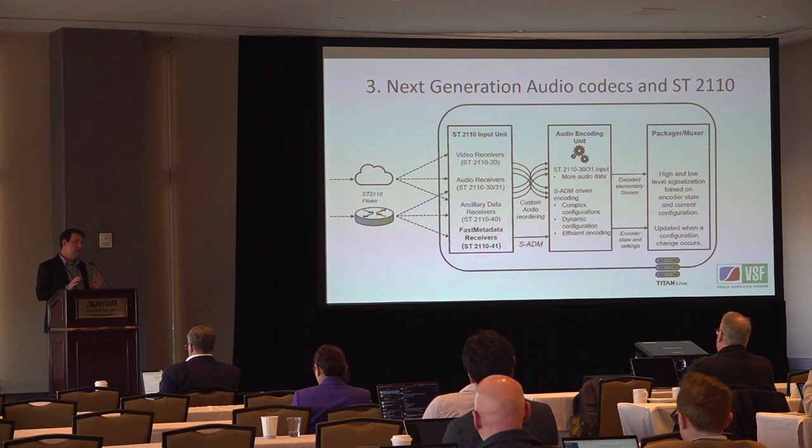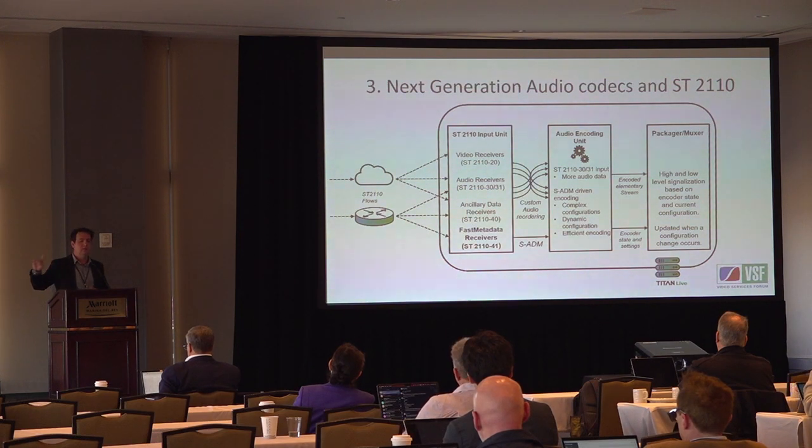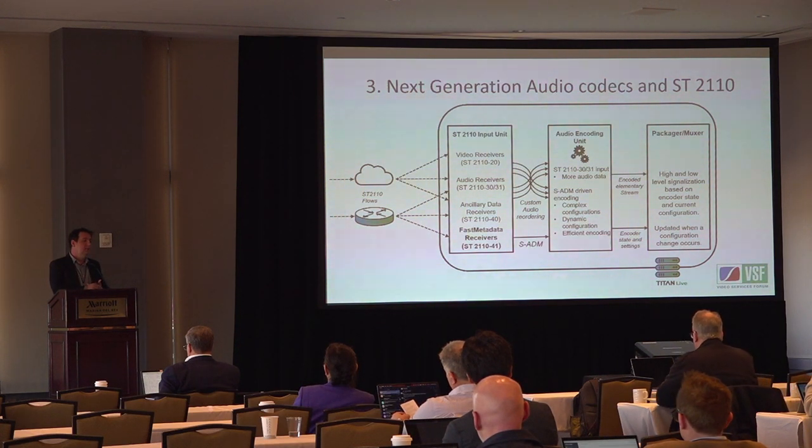And based on that, we can go to the next step, which is packaging and mixing, where based on the information provided dynamically by the encoder, you can expose high-level information that will help the player down the road make decisions. So things like codec profiles, complexity, so kind of number of channels of the output, so that the player decides if it's worth even trying to parse and go into the elementary stream and decide what to render.